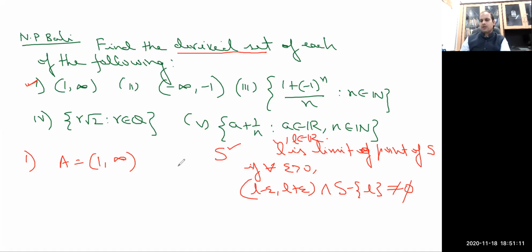So we need to check all real numbers. To verify that, we will see that its derived set is going to be 1 to infinity. So how to do this?